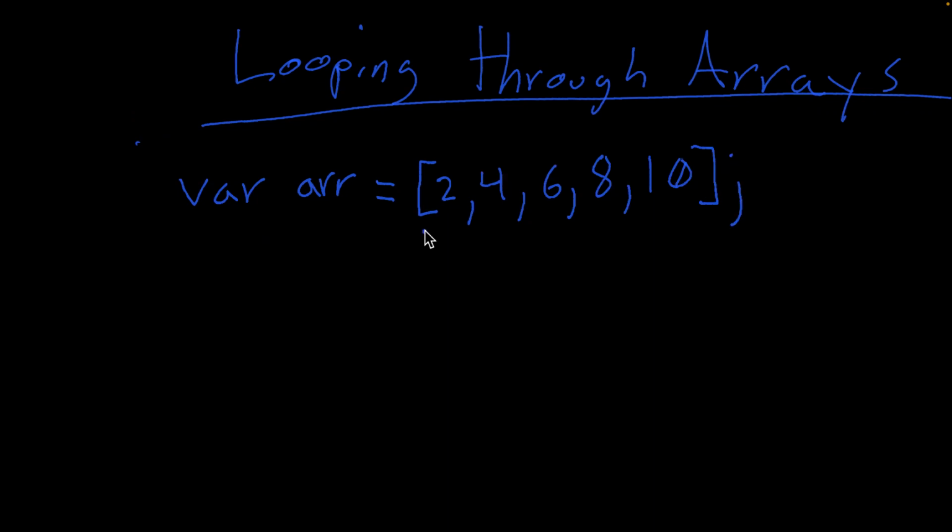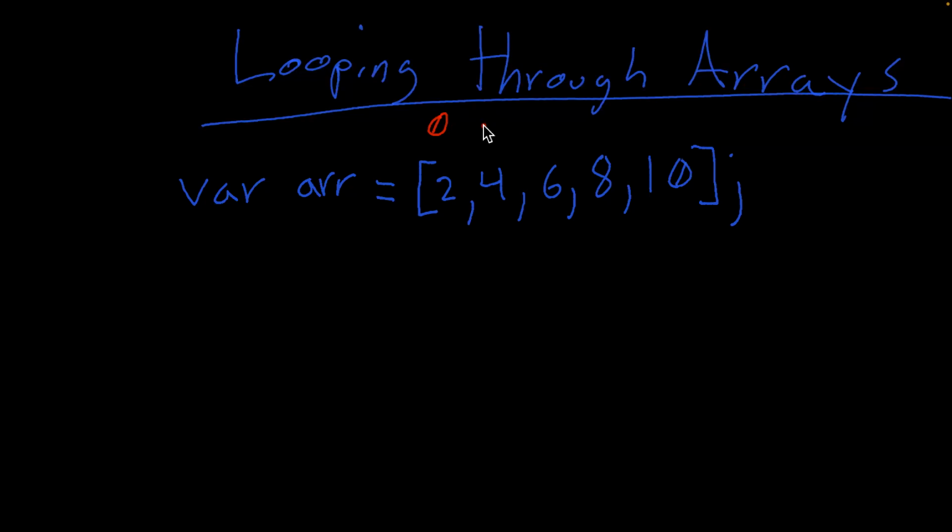We have an array. What I want us to do is to read through this array and print each index in the array. So for example, this is index 0, right? We always start with index 0 being the first number we read through.